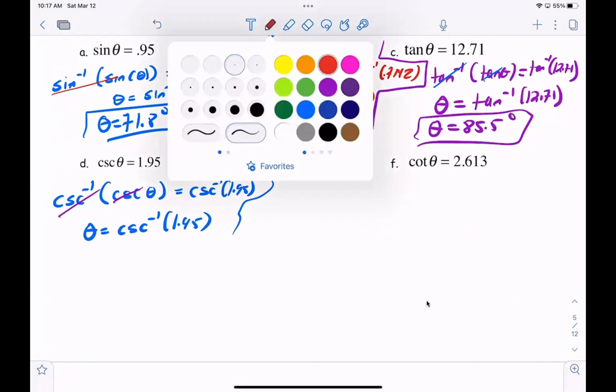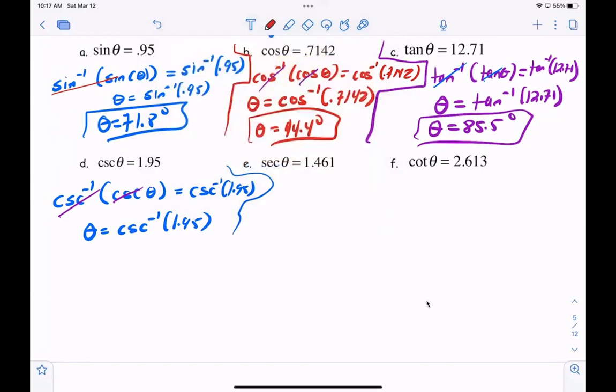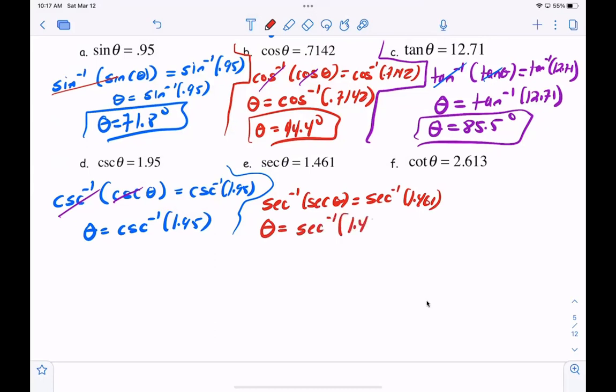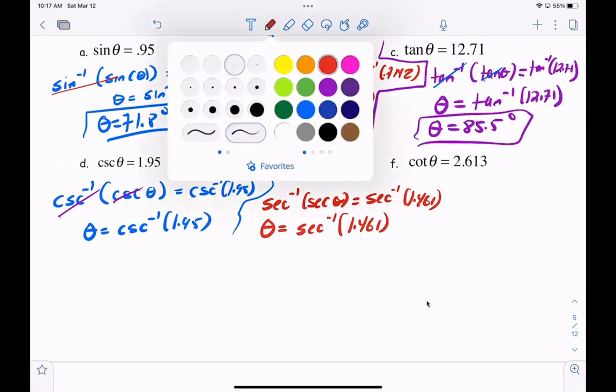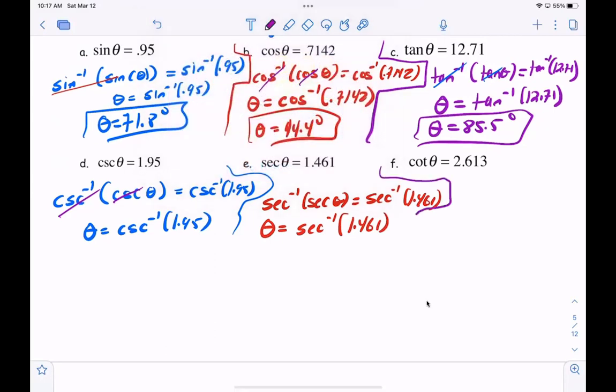So secant theta, to undo secant theta, we can use secant inverse. So secant inverse of secant theta is equal to secant inverse of 1.461. And that leaves us with theta is equal to secant inverse of 1.461. And for the last problem with cotangent, we can undo cotangent using cotangent inverse.